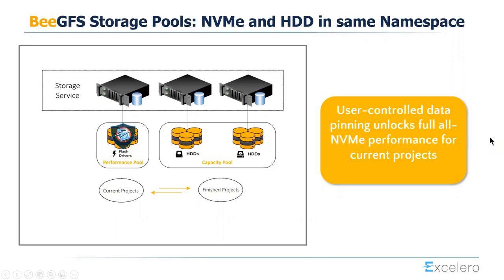And you can say all my NVMesh targets, high performance, go into a high performance pool. And all my rotating drive RAID arrays go into a slower pool, presented here as a capacity pool, essentially the bulk storage in the backend. And BeeGFS provides you with tools to migrate the data between the two at will. So you can have tiering within a single namespace.